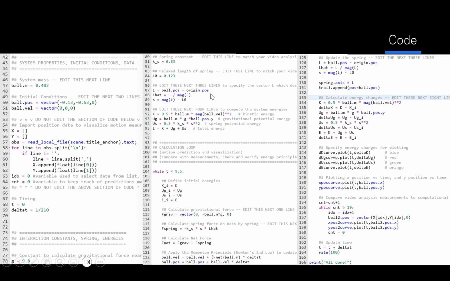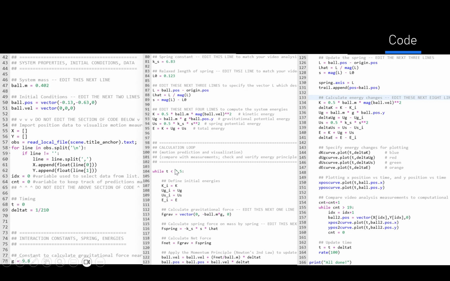In order to calculate the actual length, you do the bulb position, aka the mass, and the origin, and you calculate the S using the magnitude and the relaxed length. Using this, you can calculate the gravitational potential energy, where for the other ones you can use the positions and the ball's velocity to calculate the kinetic and the gravitational.